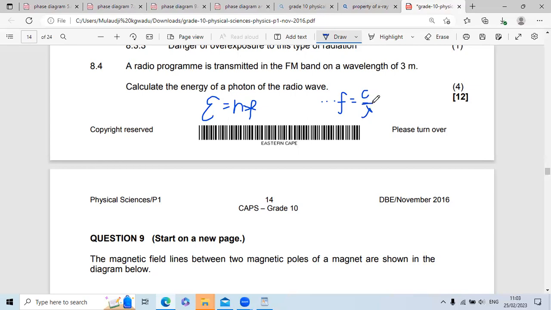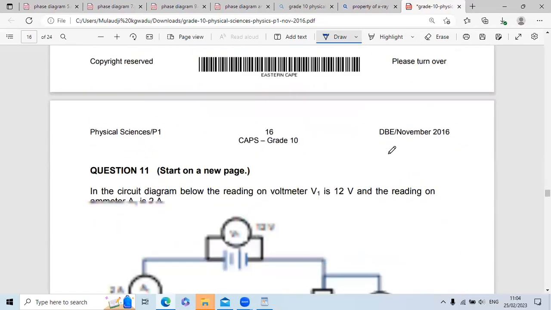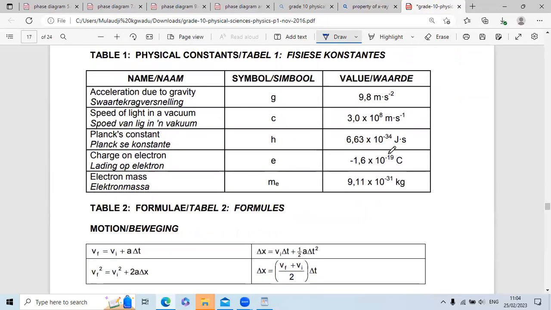C being the speed of light, and obviously our wavelength here is given as 3 meters. Planck's constant will always be in your question paper. Let me just show it to you right now. This is Planck's constant. You see it's 6.63 times 10 to the exponent negative 34.